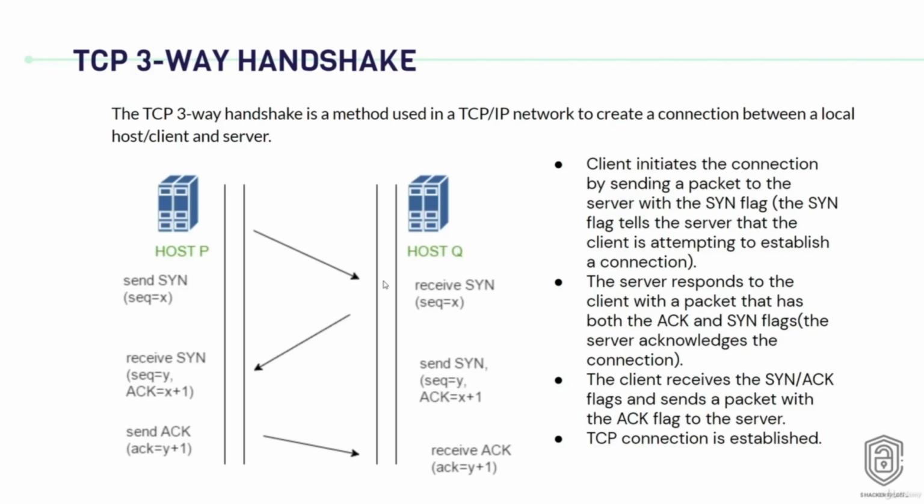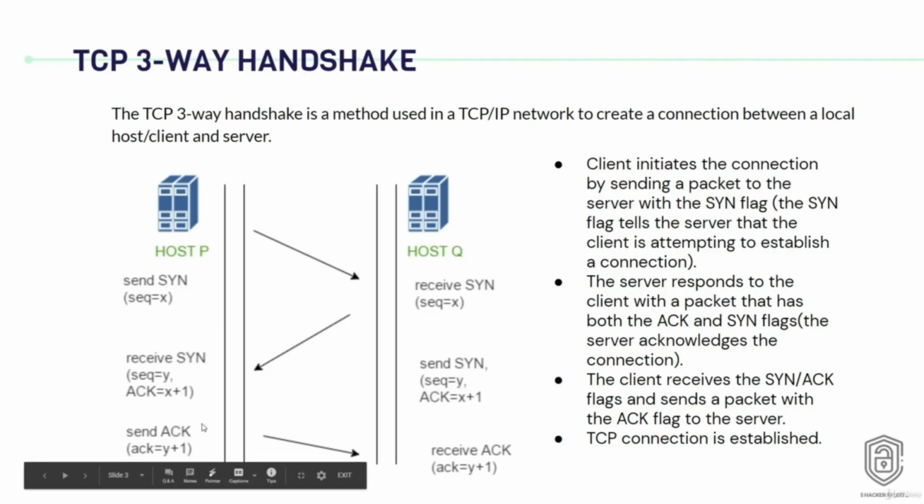The server or the recipient will receive the SYN, and then send a SYN ACK, a packet with the TCP header flags set to SYN ACK. So it receives the initialization, and then acknowledges the attempt to establish a connection, and then the initial client will then receive the SYN ACK.